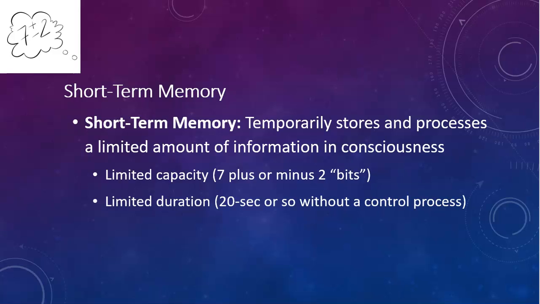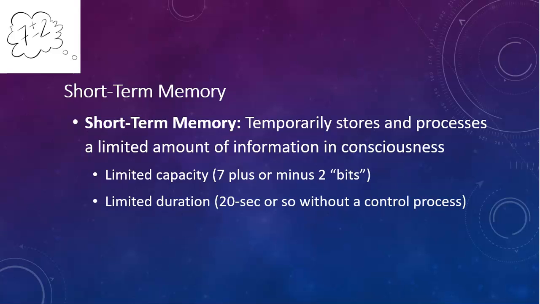So if I give you a list of numbers, in your short-term memory, you're able to hold about 7 different numbers at a time. That plus or minus 2 is where we get that range of 5 to 9. So at any point in time, your short-term memory can hold 5 to 9 pieces of information at a time.